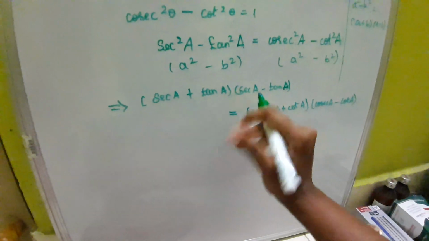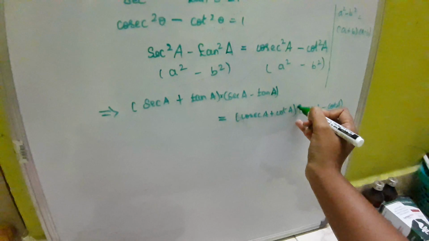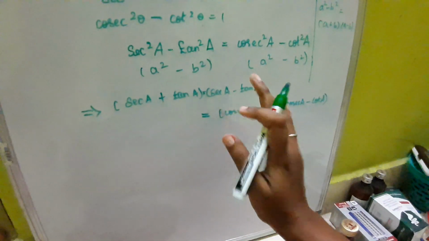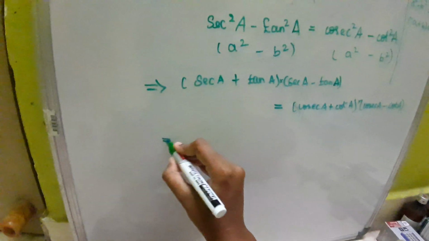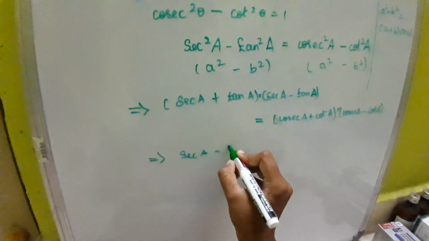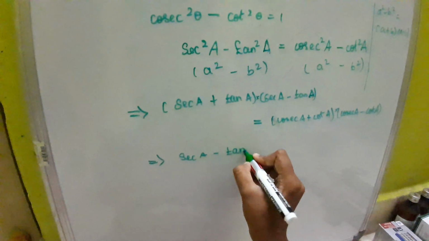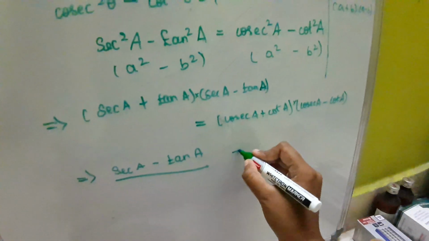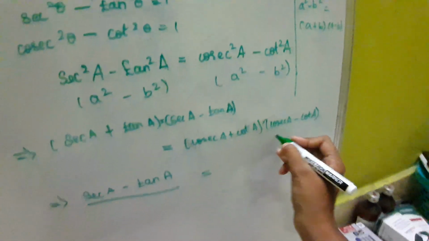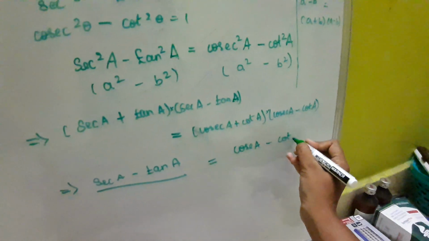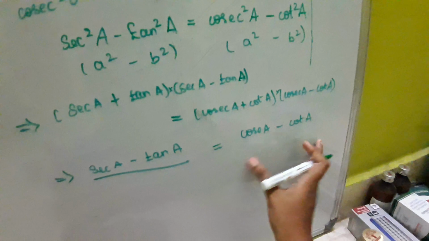Both values are in multiplication, so when you move them from LHS to RHS or RHS to LHS, they become divide. By the same methodology, secant A minus tan A in the LHS alone I am keeping in the numerator, equal to cosecant A minus cot A alone in the numerator.